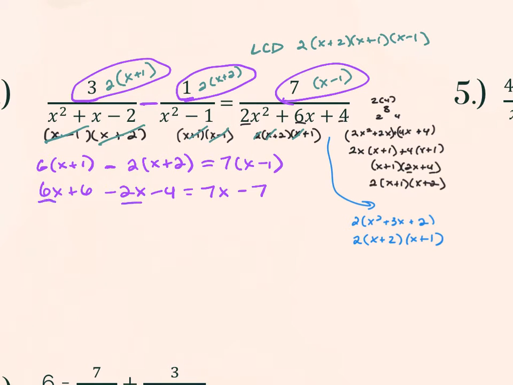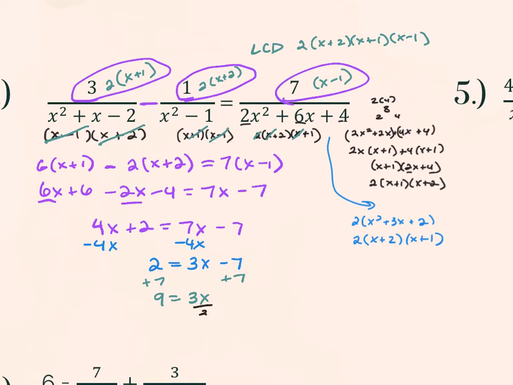Combine the like terms. Subtract the 4x. Add the 7. Divide by 3. And x is 3.